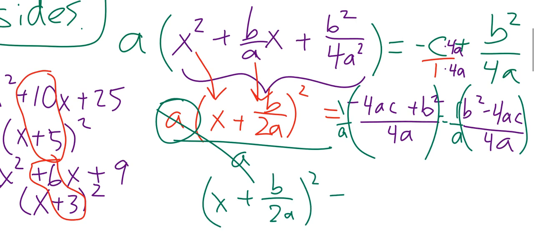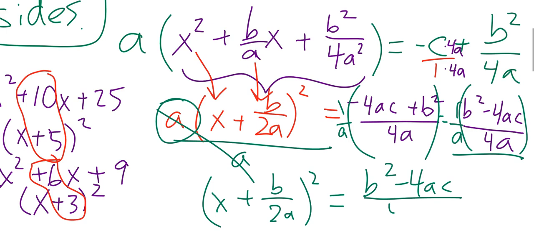quantity squared, equals, what's 1 times b squared minus 4ac? Well, that'd have to be b squared minus 4ac. What about that denominator? a times 4a. 4a squared.